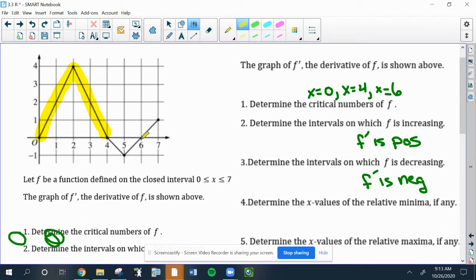But then at 6, it's back up to positive. So those yellow highlighted points are where the derivative is positive, and therefore the graph F is increasing. So the intervals that F is increasing would be 0 to 4, and then again from 6 to 7.